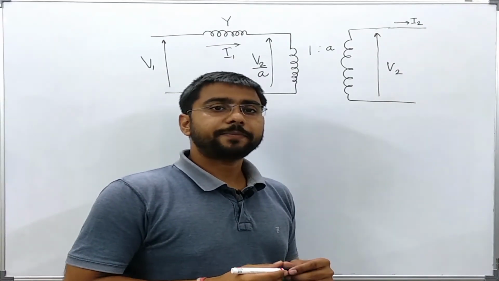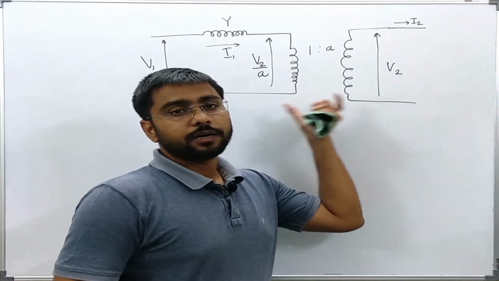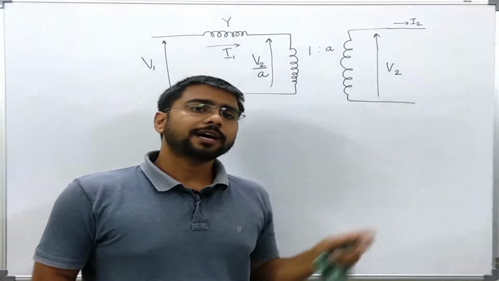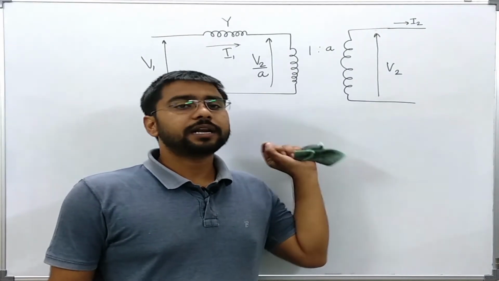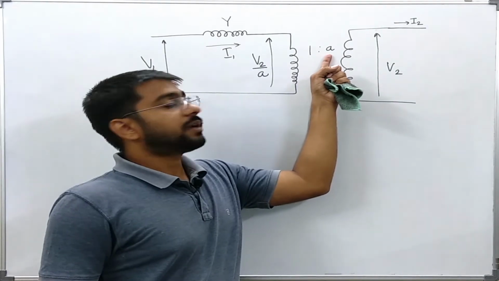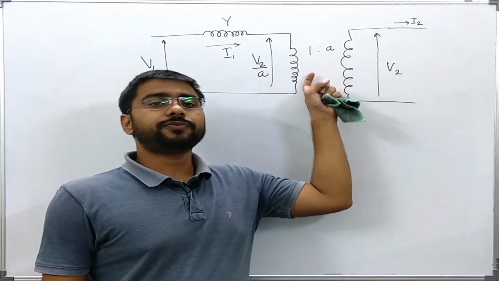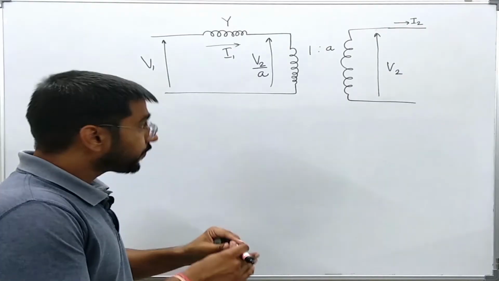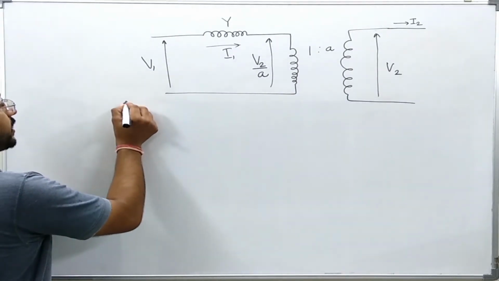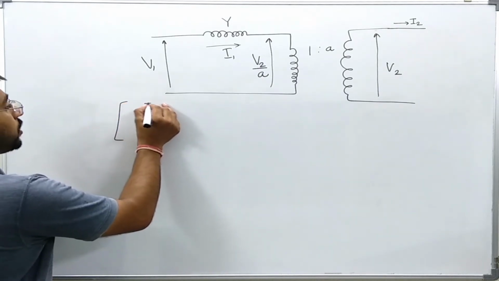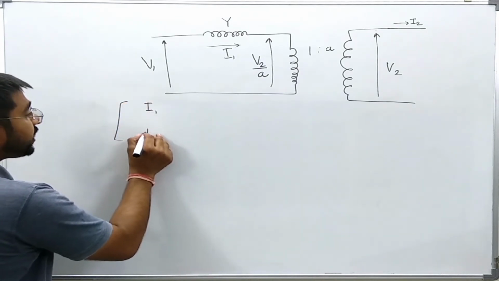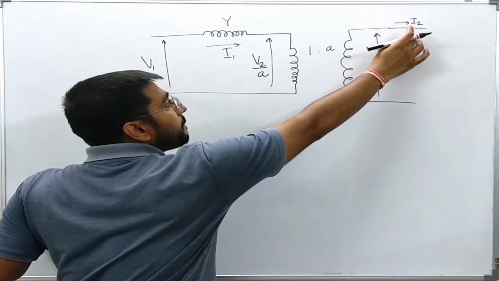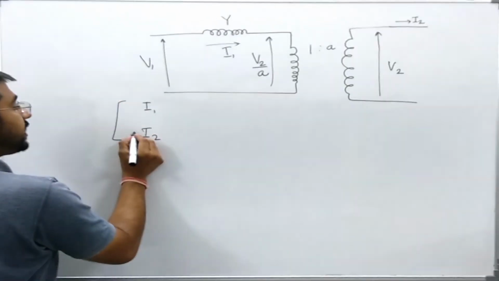Now let's derive the Y matrix of this given power system in which we have an off-nominal tap ratio transformer. Now I am going to assume the general case where this A is a complex quantity, that is, both the magnitude as well as the phase are changed by this transformer. Now we know that for the Y matrix, all the currents are entering into the node, so I should take minus of I2 to get the Y matrix.